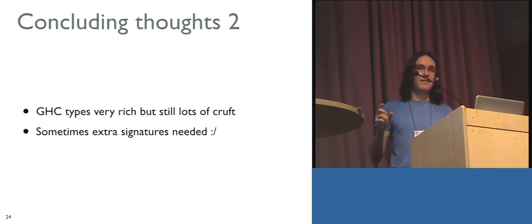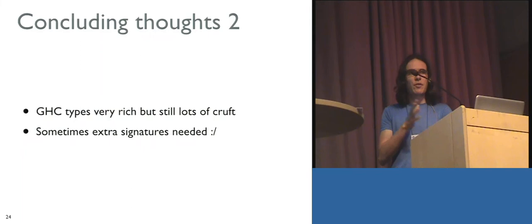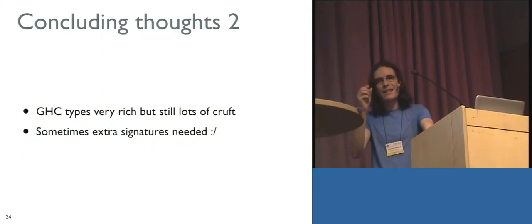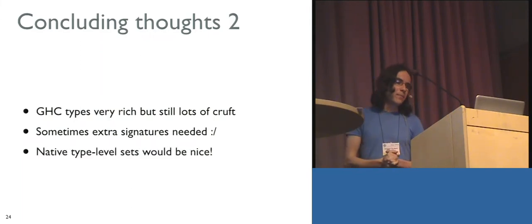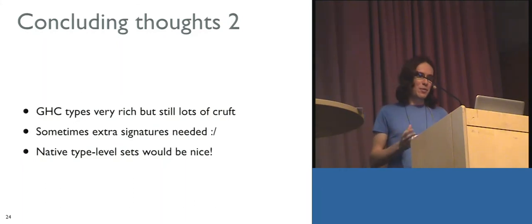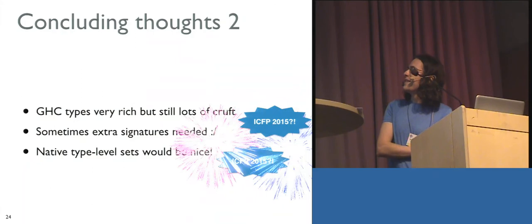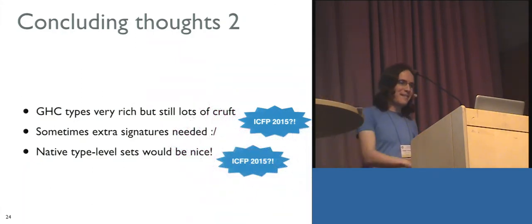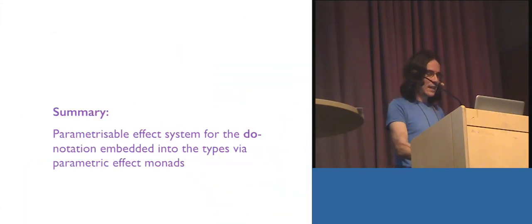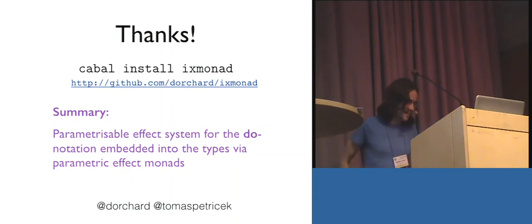Like the map example, you just have to give that signature. It can't unify to the multiply itself. Lots of other things work quite well with inference, but occasionally you need to put some hints in. And it would be nice if there was some sort of native type level sets like this, native type level lists. So maybe by ICFP 2015, there could be some solutions. Okay, thank you very much.